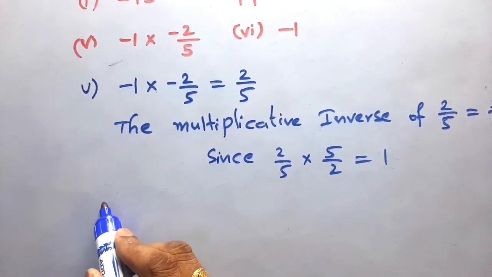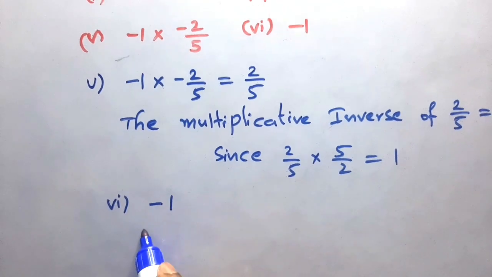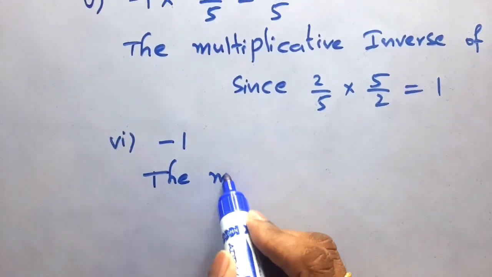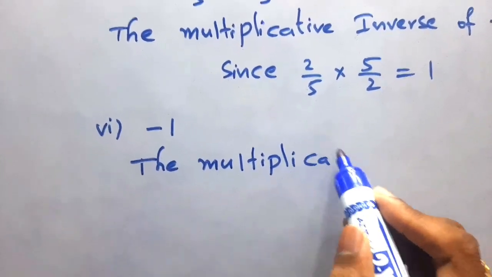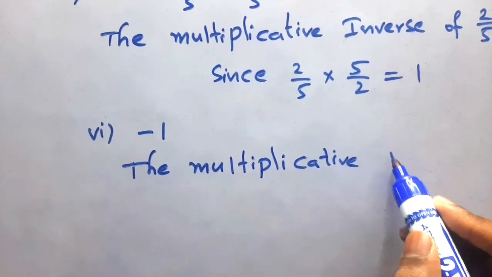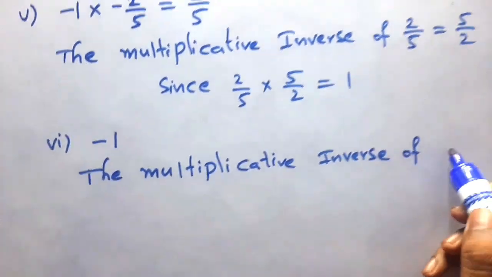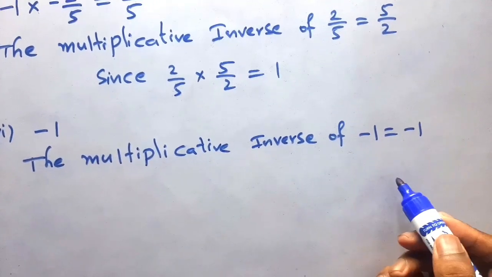Next, sixth one, see. Minus 1 given. Write the multiplicative inverse of minus 1 is minus 1.